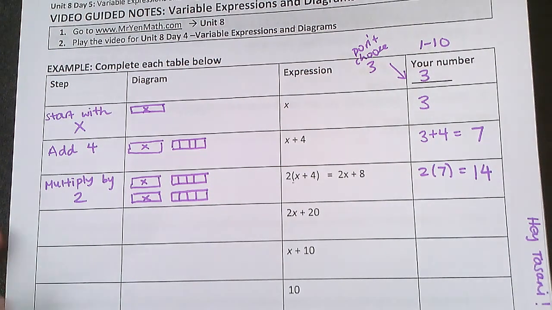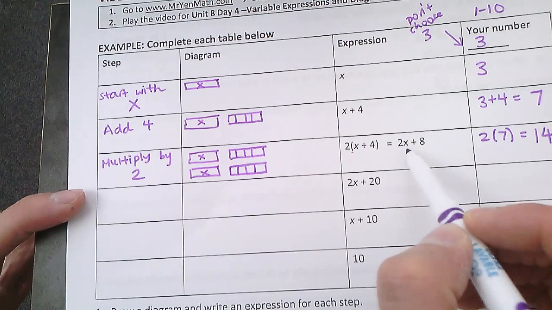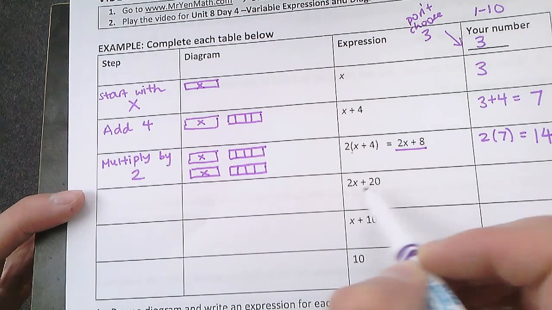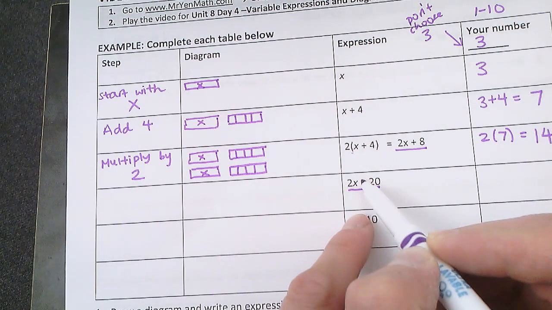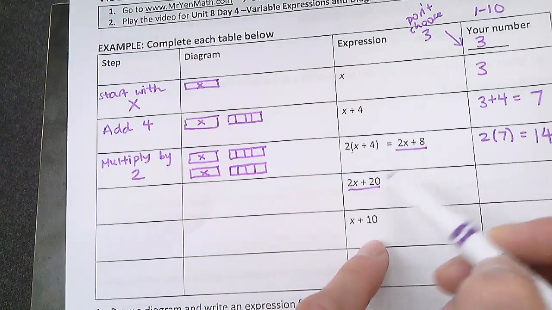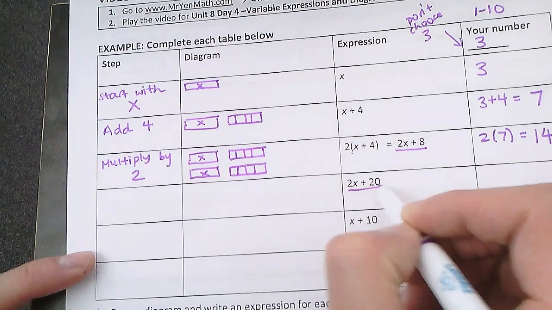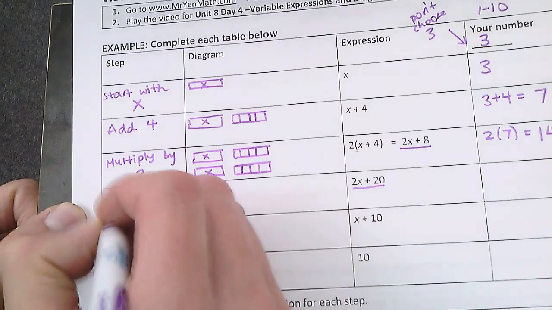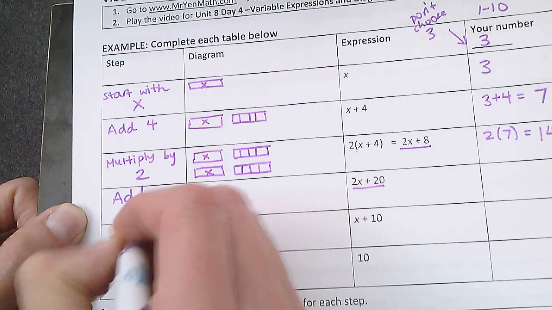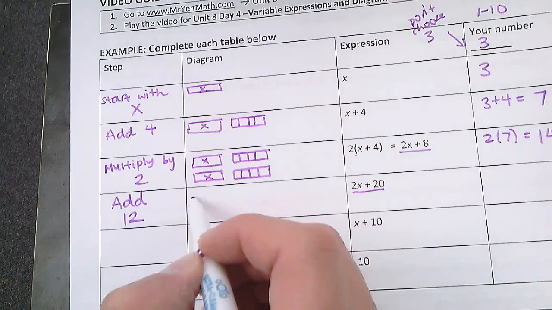Moving on. Then we look at between here and here, what happened? Well, the 2x, that stayed the same. Then look at the next number. The 8 went up to 20. Okay, so that means, I think to myself, to go from 8 ones to 20 ones, I have to add 12. So then it added 12. And now let's draw this new one out, 2x plus 20.